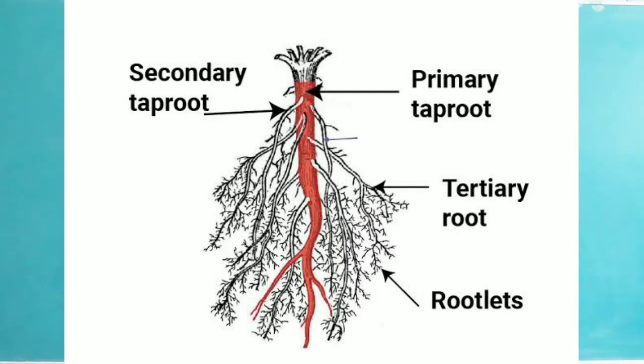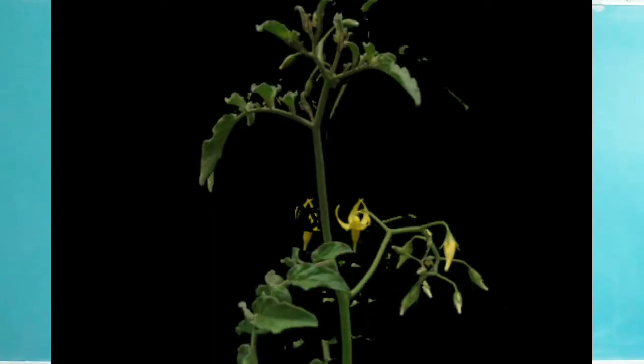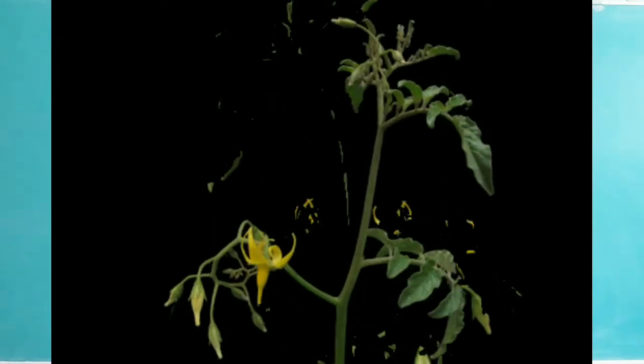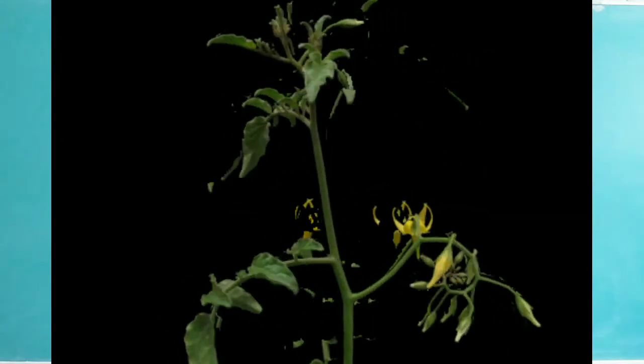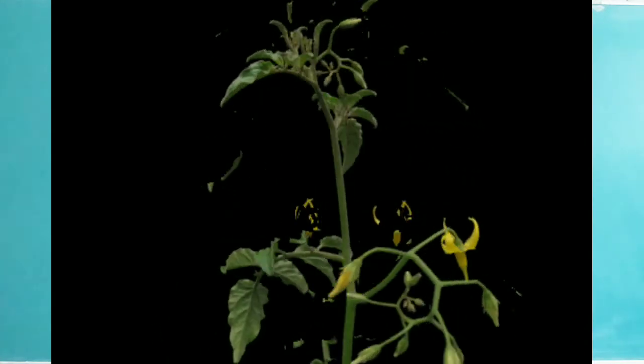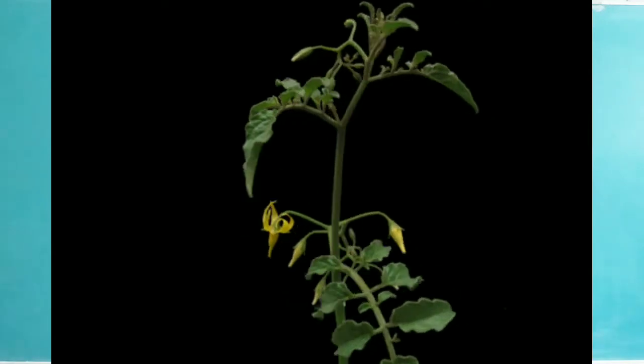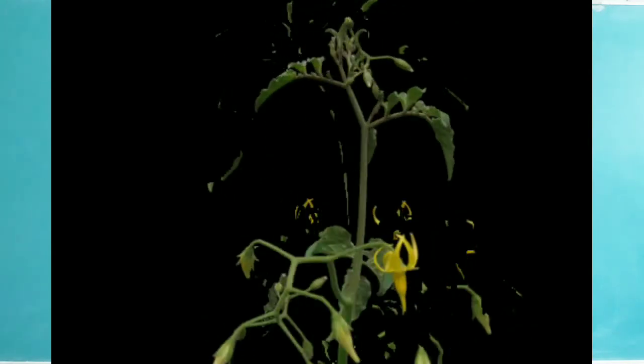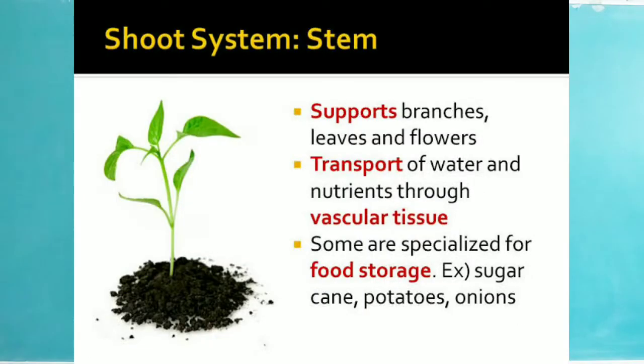The shoot, comprising the stem and its lateral organs, the leaves, grows upwards into the air. It supports foliage, leaves, and helps in conduction of water and mineral substances from the soil and food materials from the point of its manufacture to the point where it is needed for growth or stored for future use.